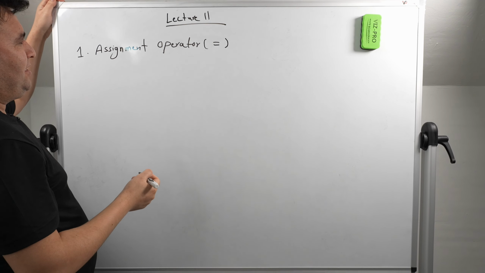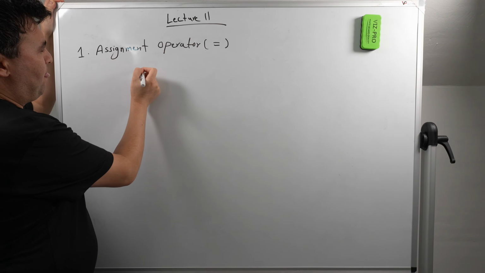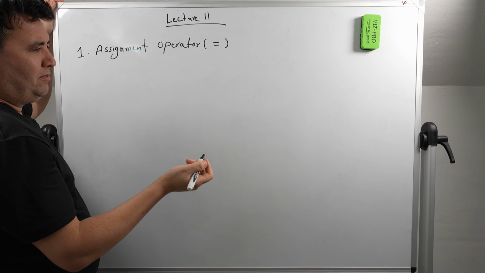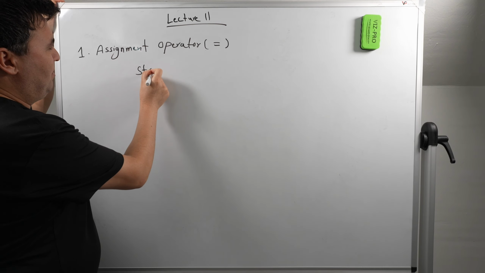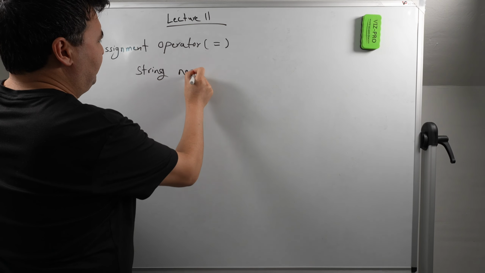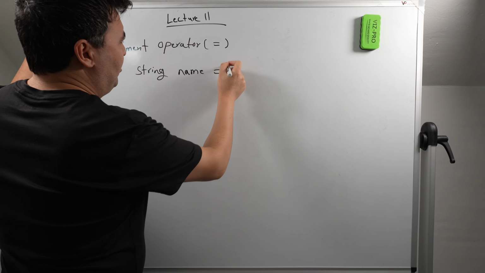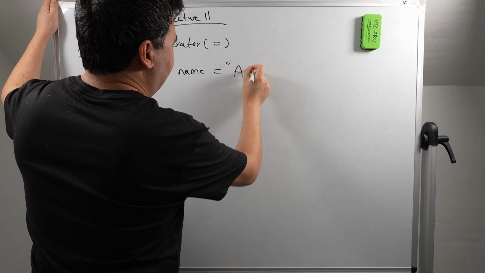So if we need to store, suppose in our program, the name of a user, we define a string variable, name. Name is equal to Anthony.